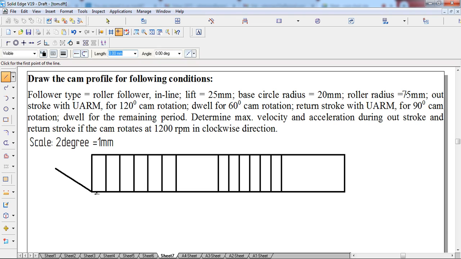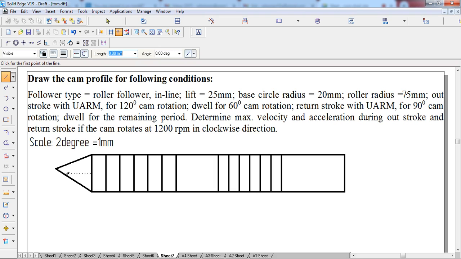From the first one, I will take one line and then join these parallel lines to this first one to this last. You have to first draw to the last line, and then one by one you can draw parallel lines to this.